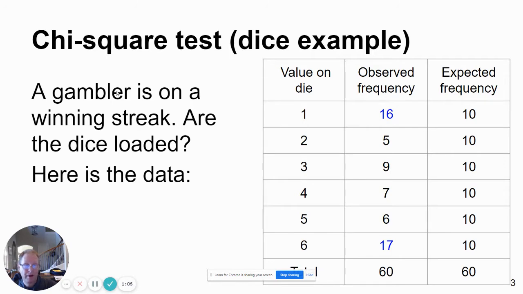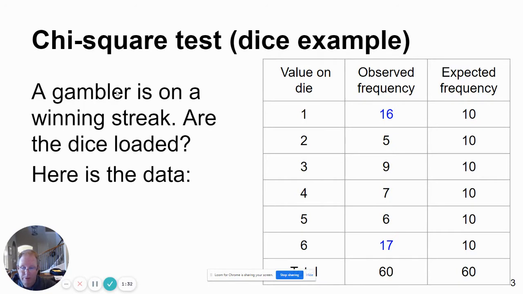So the expected count is 10 for each of the outcomes. But you can see here that we got considerably more 1s than we expected. We got 16. And we got considerably more 6s than we expected. We got 17 instead of 10. And we got fewer of the 2, 3, 4, and 5. So the question is, is the die loaded? This is the data right here.